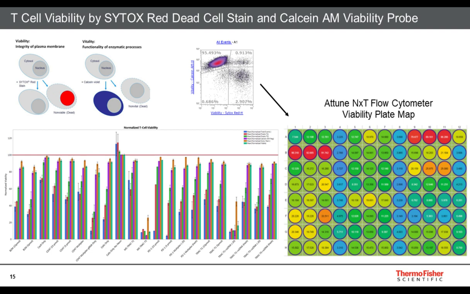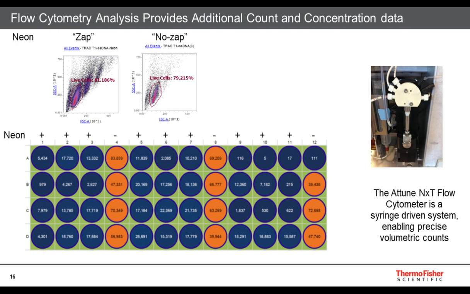All that stuff is not arbitrary and can be very time consuming, so it's nice to have this accurate readout. And again, remember, you're still in the same plate. You don't need to create a duplicate plate for another assay. All this data you can get at once.